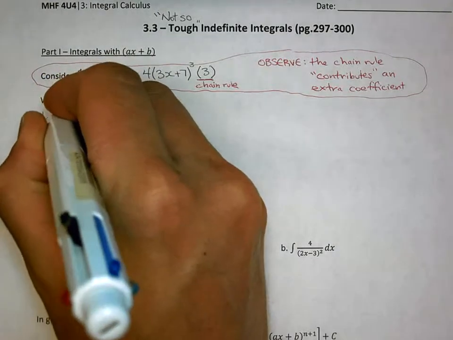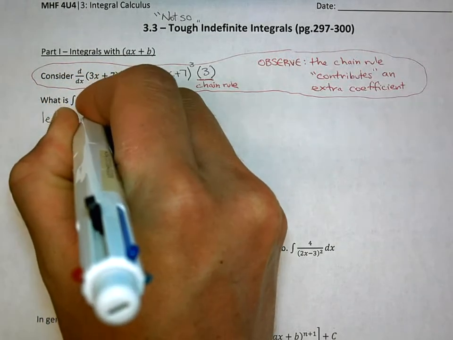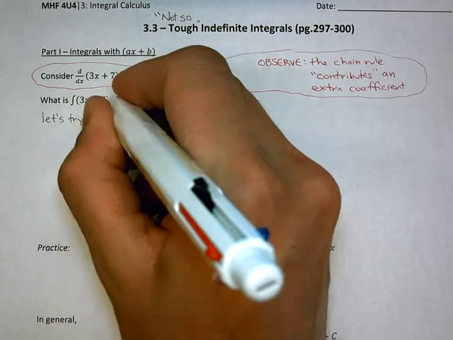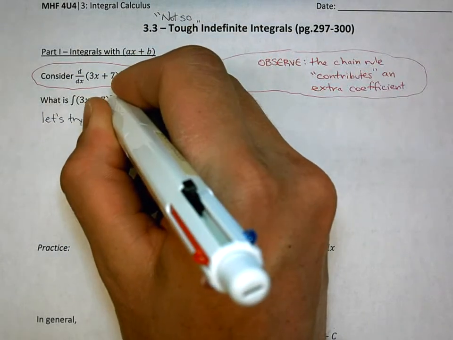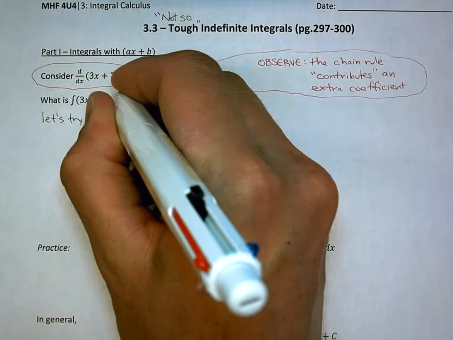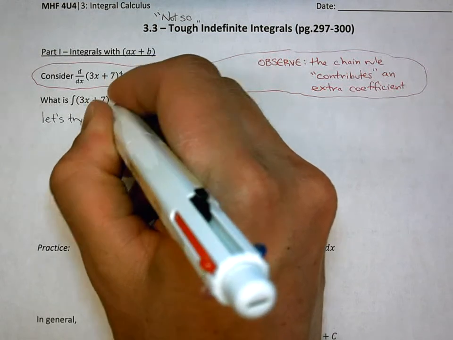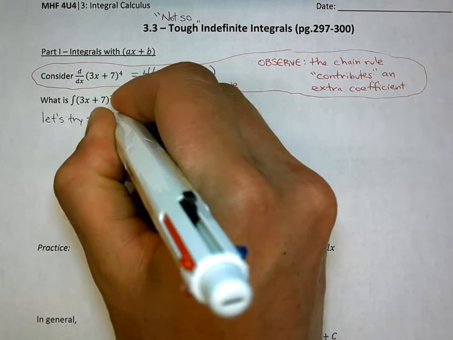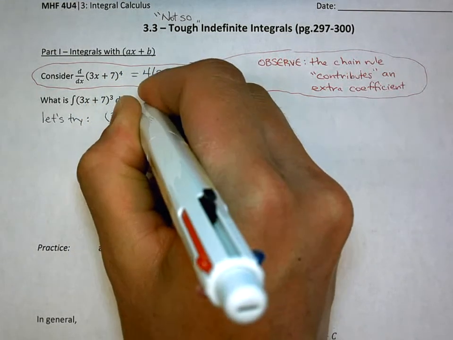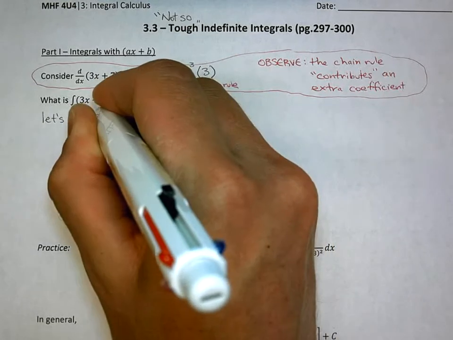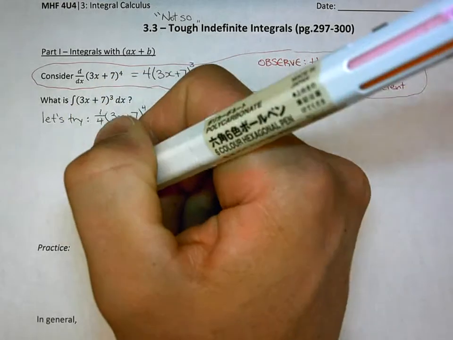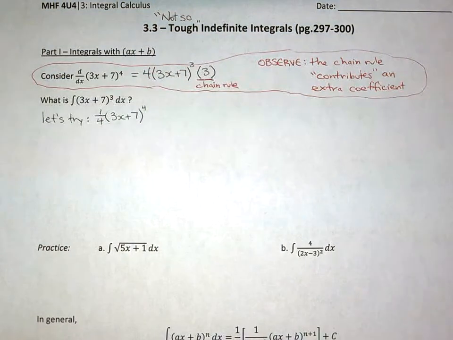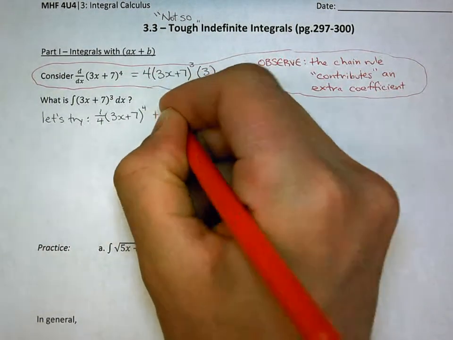If I was doing an integral, normally it would be something to the power of 3, so I add 1 to this. So it's going to be 3x plus 7 to the power of 4. And then because I don't want that coefficient in front, I have to put 1 over 4 in front. And then, of course, don't forget, plus c, always indefinite integral.